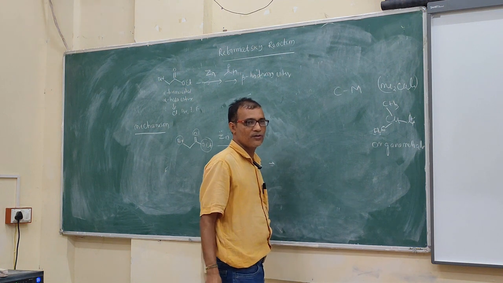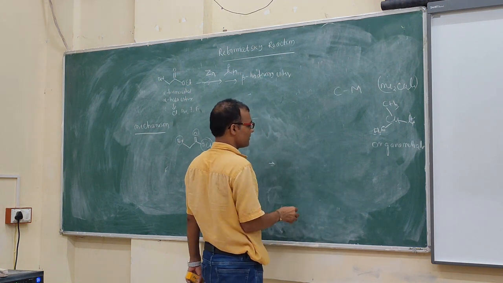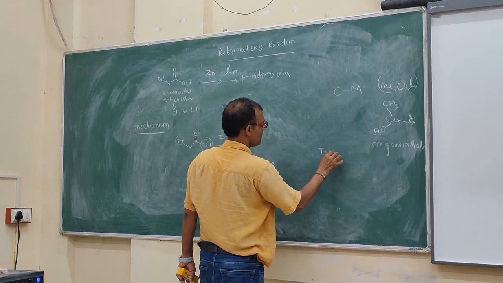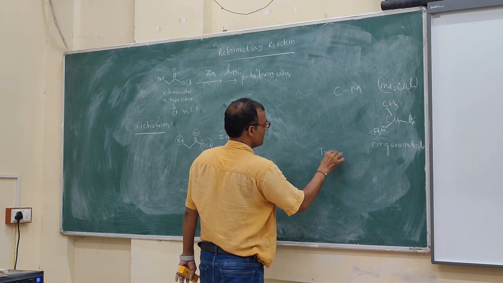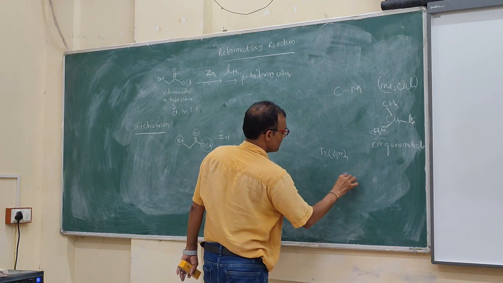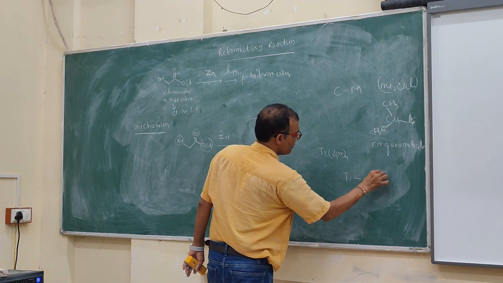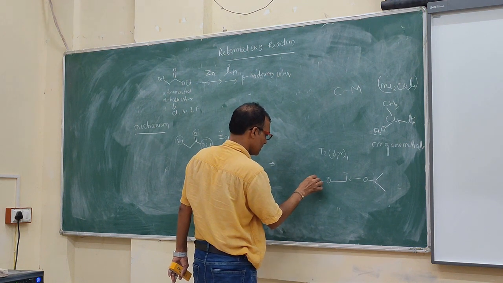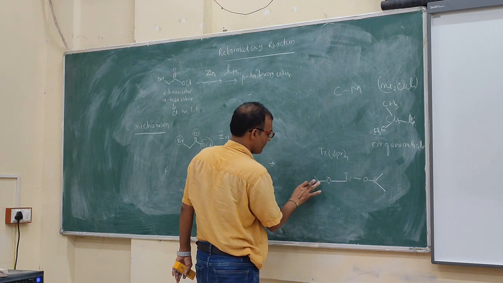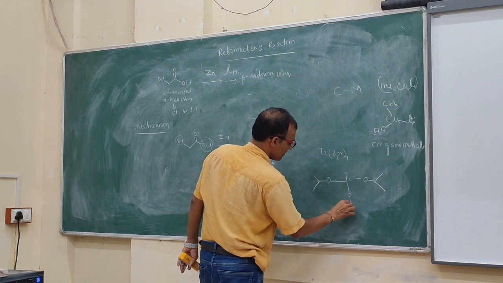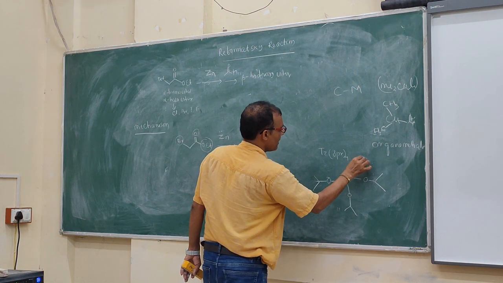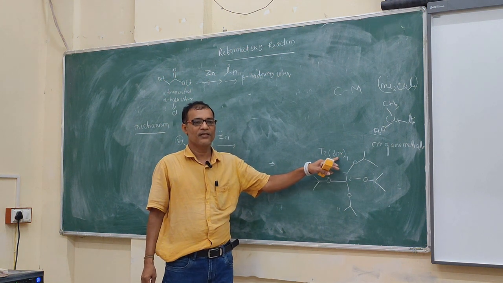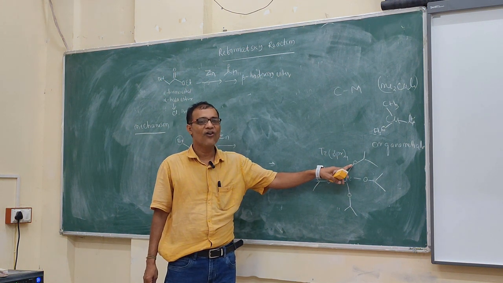Organometallic compound. But you see some cases, suppose titanium isopropoxide. What is the structure? Titanium O isopropyl, so titanium besides OiPr. Aluminum isopropoxide also. So here there is no metal carbon bond. Instead of that you have a metal and oxygen bond.